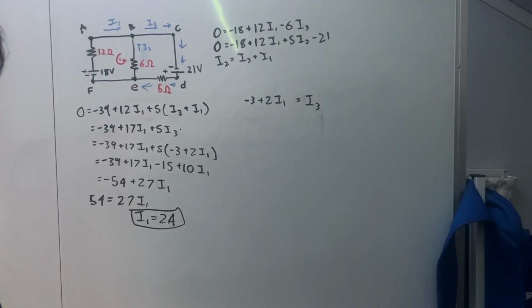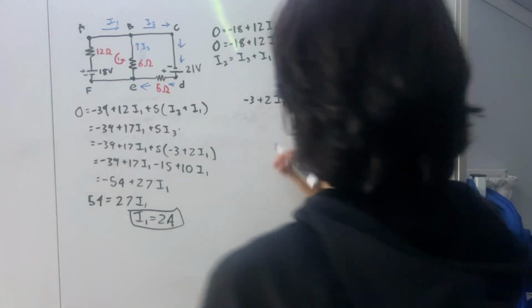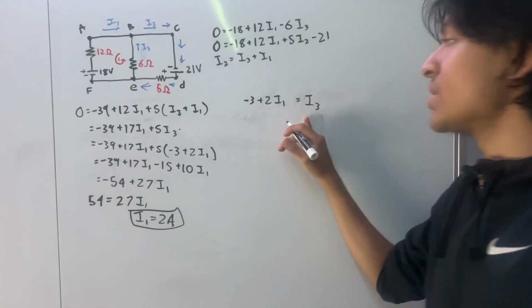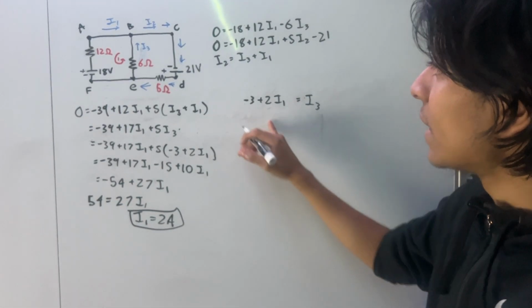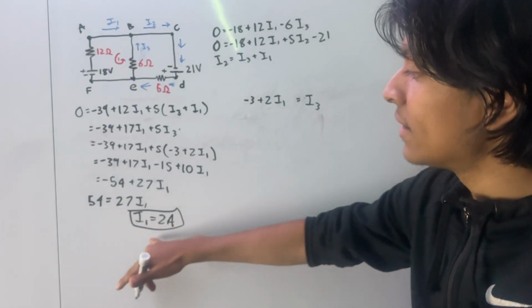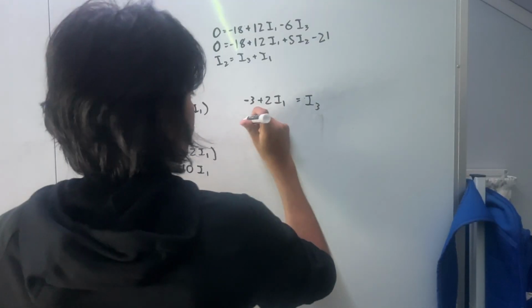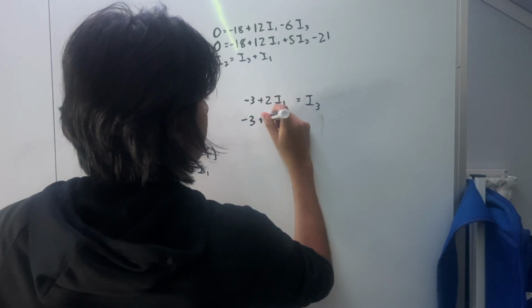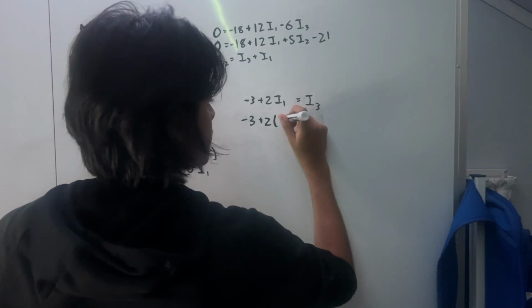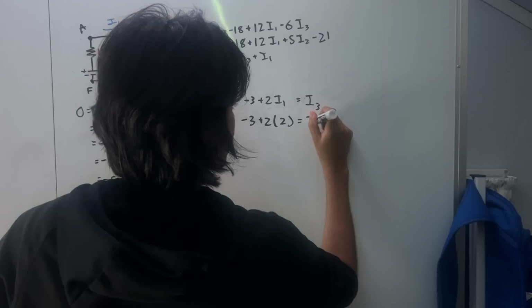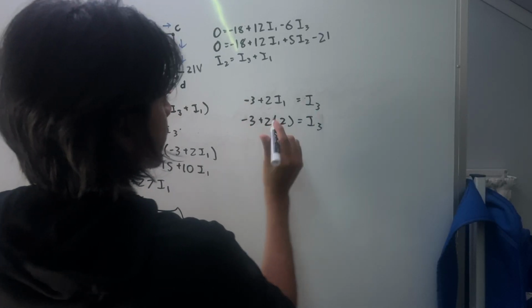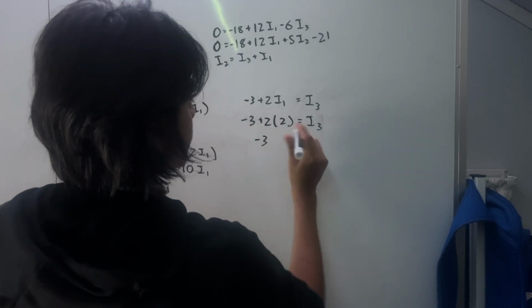And now at this point, it makes everything a lot more simple. So here earlier, we had this expression for I3 in terms of I1, substituting in 2 for I1. So we have negative 3 plus 2 times 2 is equal to I3. So we have negative 3 plus 4.